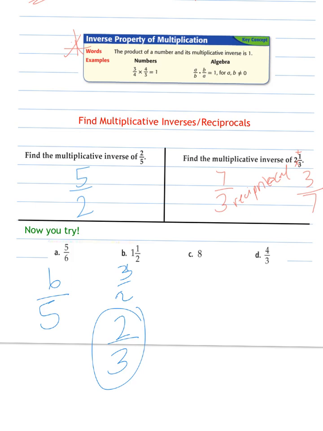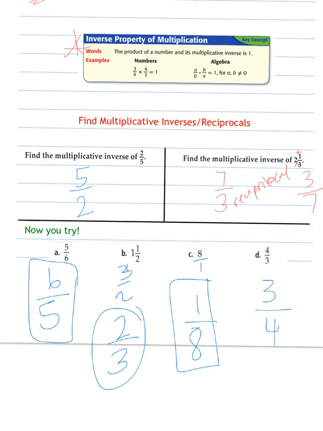Because if we took the 3/2 times 2/3, we would get 6/6, which is 1. Multiplicative inverse of 8. Well, 8 as a fraction is 8/1. So its multiplicative inverse or reciprocal would be 1/8. Okay, we're just taking them and flipping them. 4/3, multiplicative inverse would be 3/4.